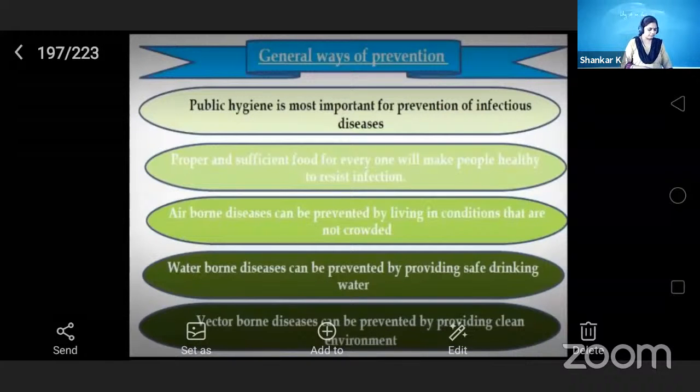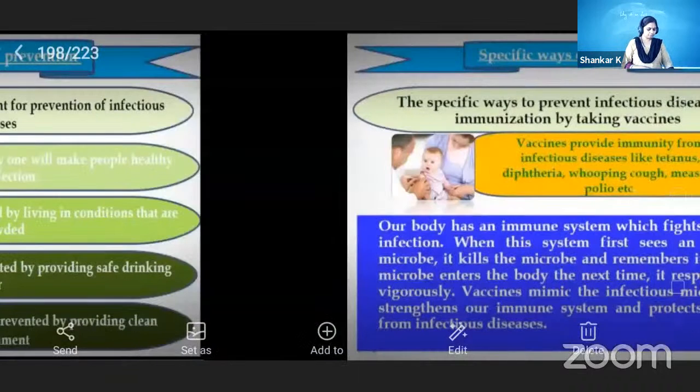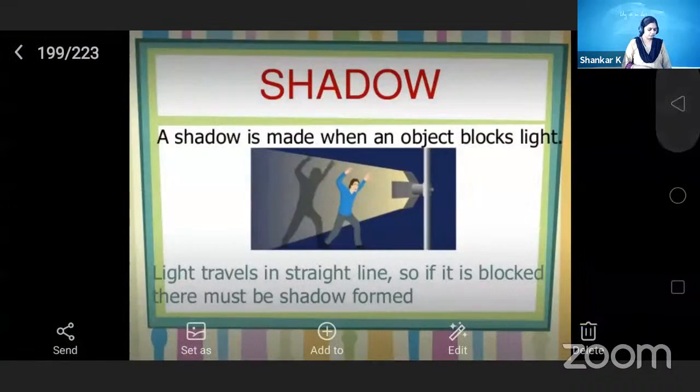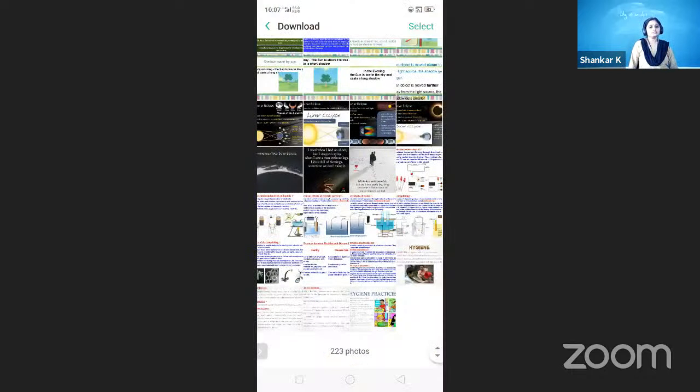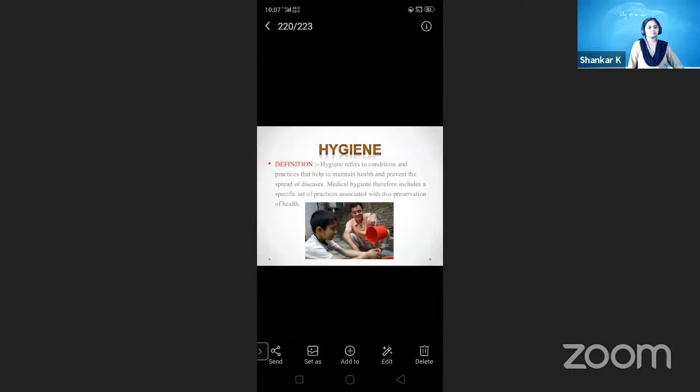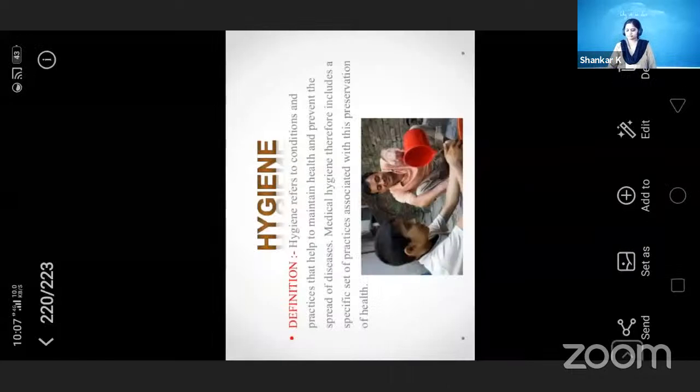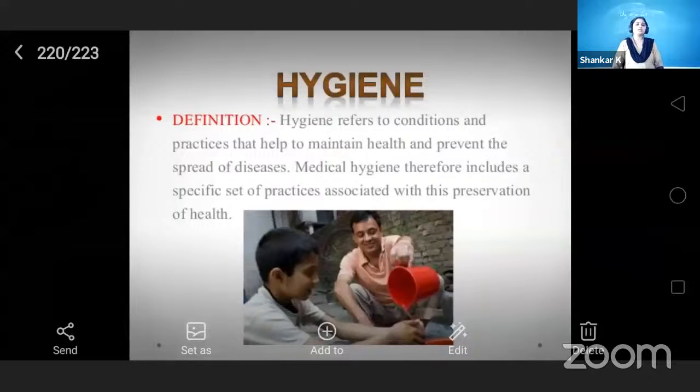So what does hygiene mean, students? Hygiene refers to conditions and practices that help to maintain health and prevent the spread of diseases.